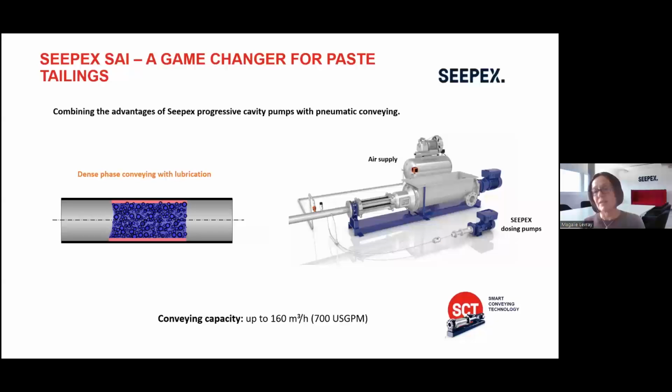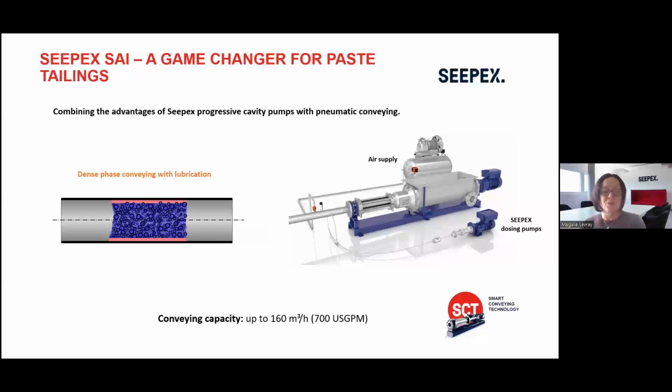You can see on the picture on the right-hand side the T series, which we've just seen being used for dewatered tailings. But here, next to the T series, you can see that we have an air supply, and we also have a small SEEPEX MD series that is dosing flocculant polymer on the internal diameter of the discharge pipe.